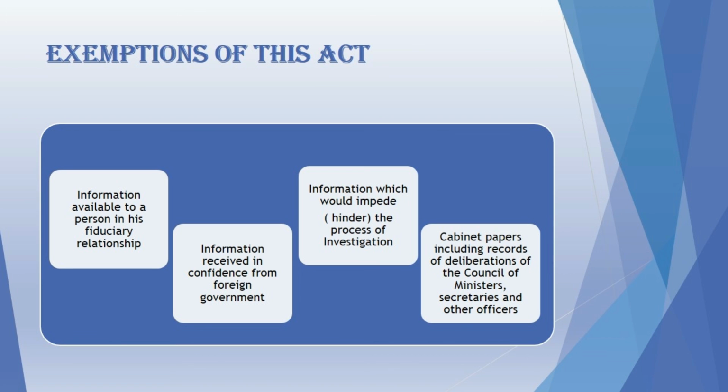Number three, information which would impede, that means hinder, the process of investigation. This point is pretty much self-explanatory: any information which hinders the process of investigation will be restricted. The fourth is cabinet papers, including records of deliberations of the Council of Ministers, Secretaries and other officers, which will be restricted.